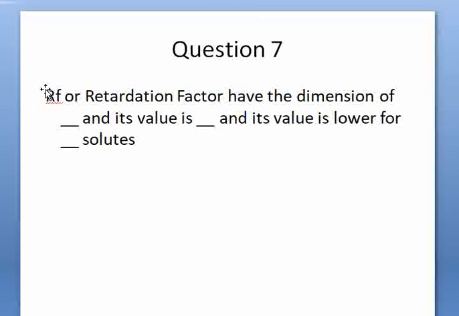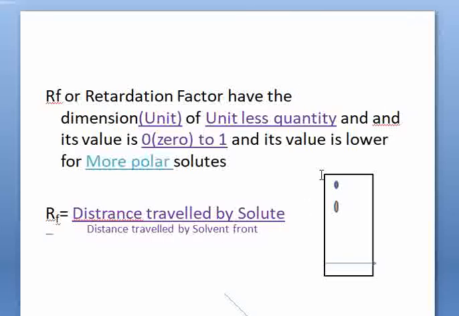RF or retardation factor, we can use this for TLC and for paper chromatography. So this is like a paper chromatographic thing. At the bottom you will draw a line using a pen or pencil, and you put a drop of the solute on the line. After that we will dip the paper in the solvent we have taken.